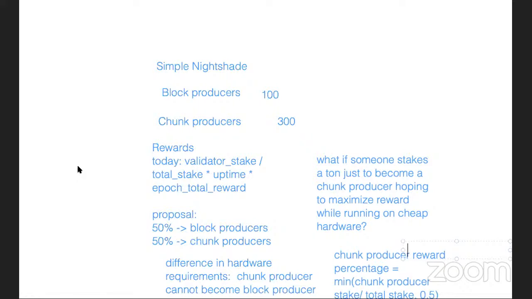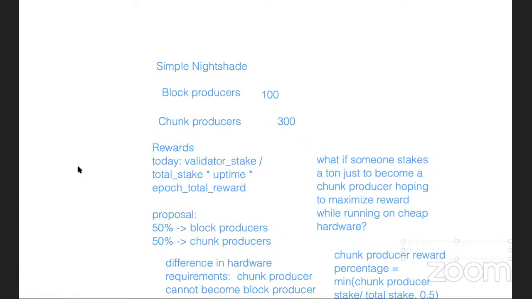What I wanted to consider is, would it be possible to have, let's say you have X tokens that you can stake, and you could stake them for block producers, and the same amount could also be separately staked for the chunk producer.